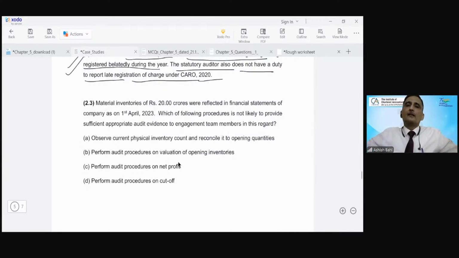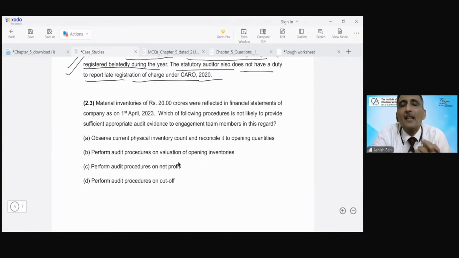Now this is from the part which you have read. The auditor has accepted audit for the first time. He was appointed in AGM held in September 23, right? So he is auditing books of accounts for year 23-24.